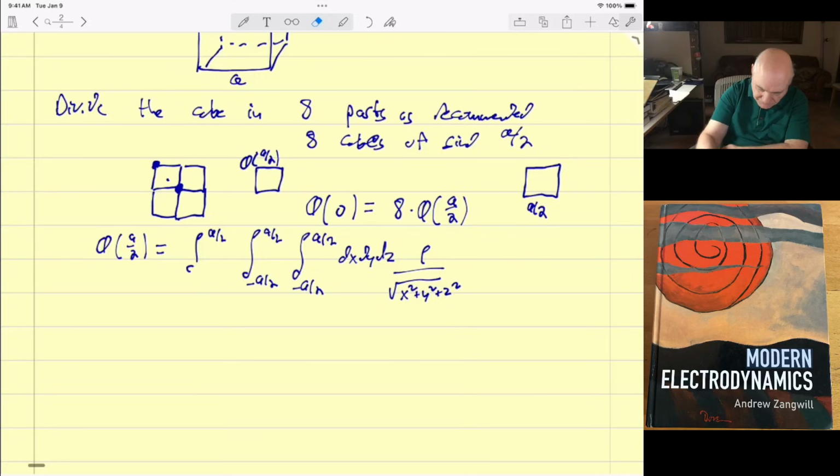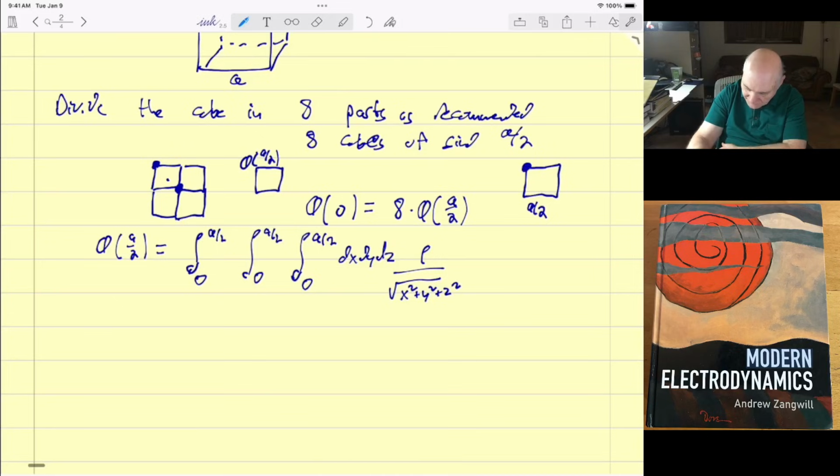It doesn't affect the answer in any way. So I'm just integrating. Let's say I want to know the potential at this corner.